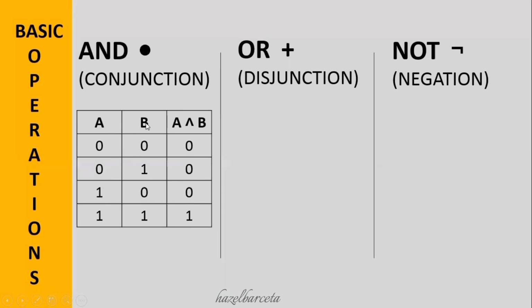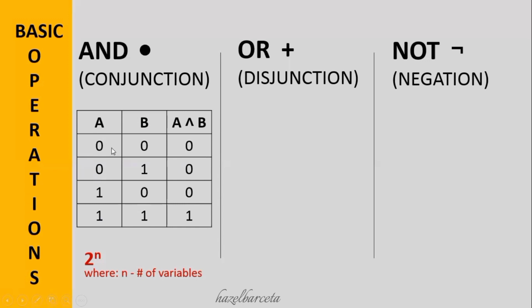Nakadepende po sa number ng variables ang ating combination or number of rows. Here is the formula. Okay? 2 raised to n. Since we have two variables, A and B, 2 raised to 2 is equal to 4. That is why we have 1, 2, 3, 4. 4 combinations. Okay? So, ayun.